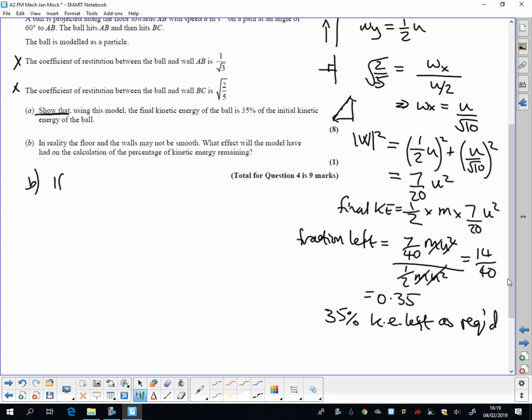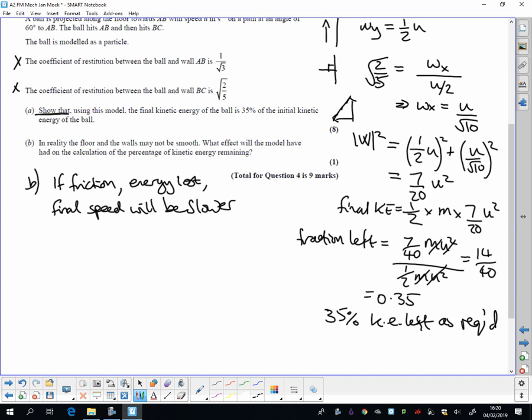If there's friction, so they're rough, then energy is going to be lost. There'll be some work done, so the final speed will be slower, because you had some resistance.